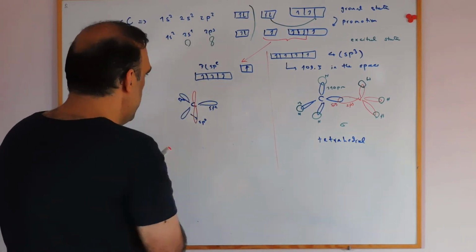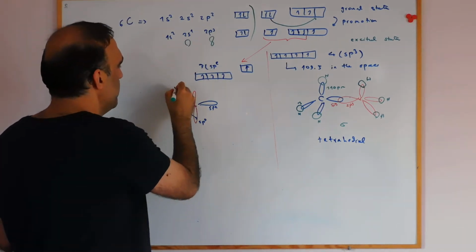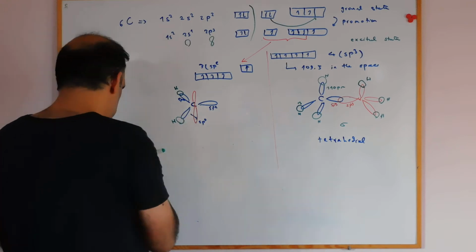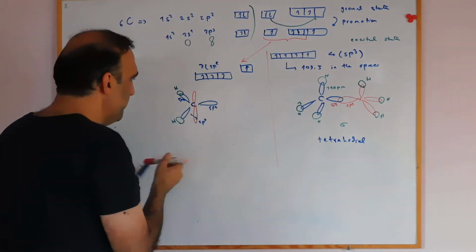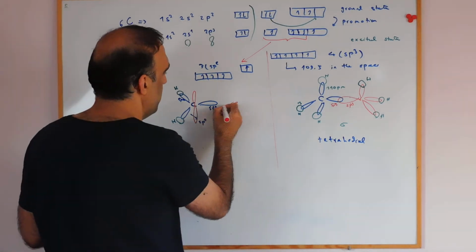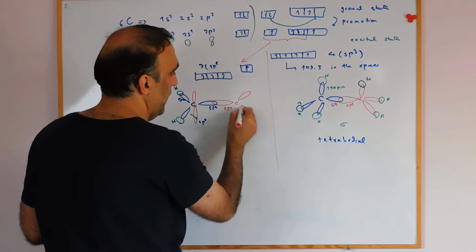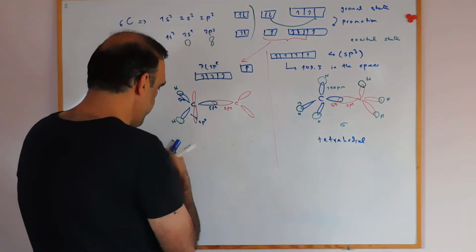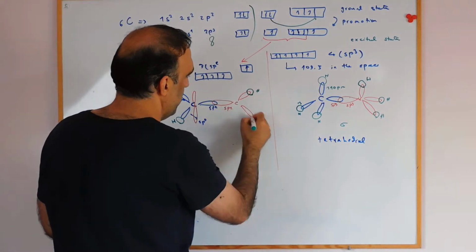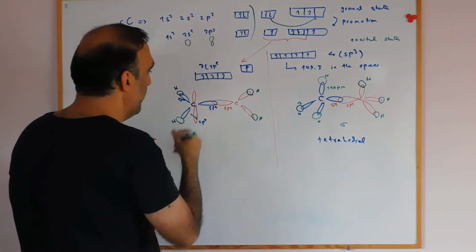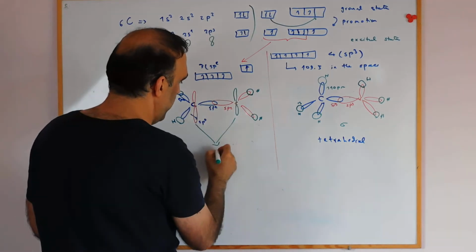Now I can add a hydrogen to these 2. I can draw another sp2 carbon, again sp2, sp2, add a hydrogen, and it has one p orbital. Both of them have a p orbital.